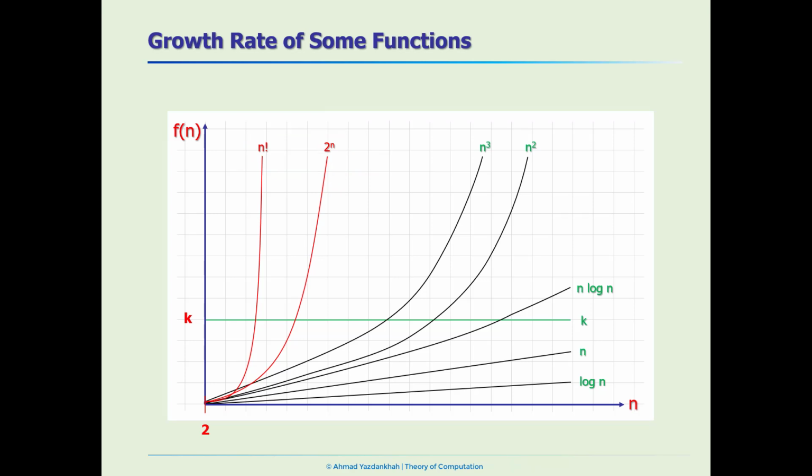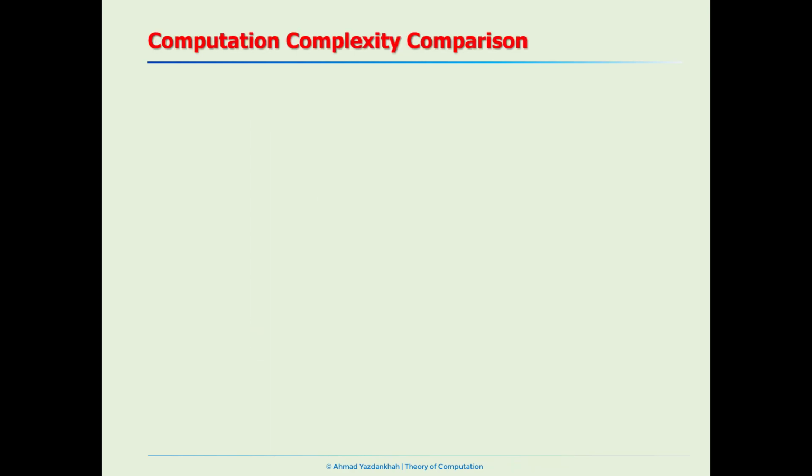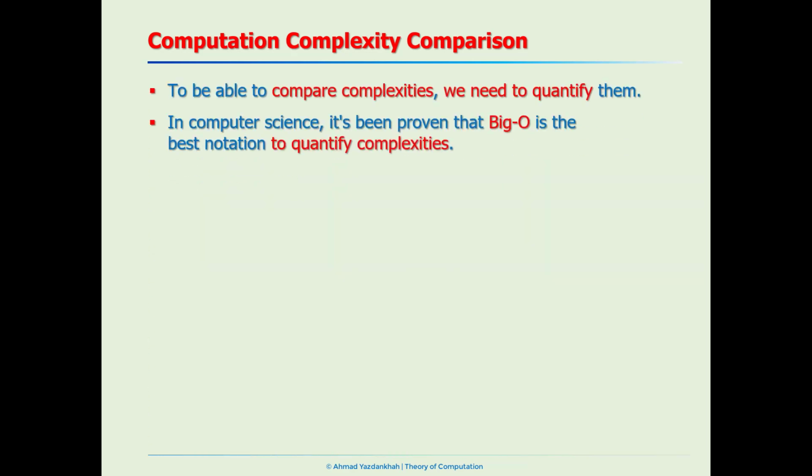Let's move on. So how can we compare the complexity of two computations? It has been proven that, first of all, we should quantify the complexities, and big O notation, as we noticed so far, is a very good choice for quantifying the complexity of the computation.